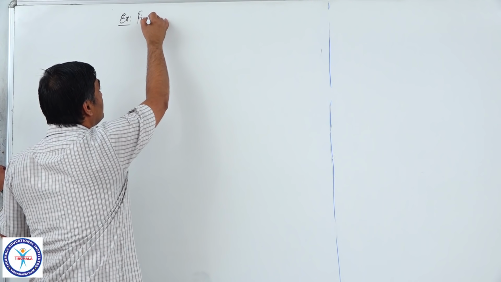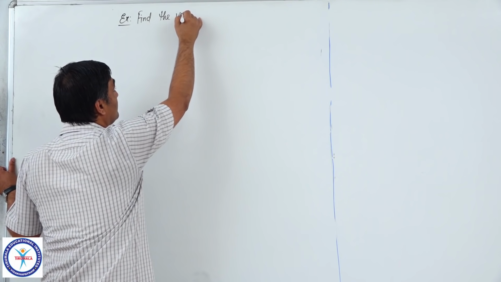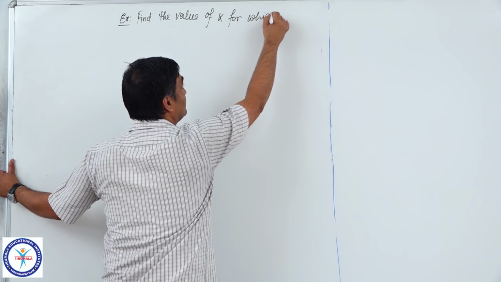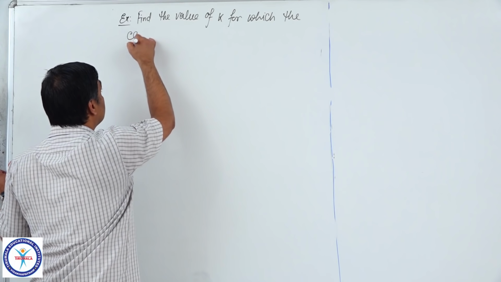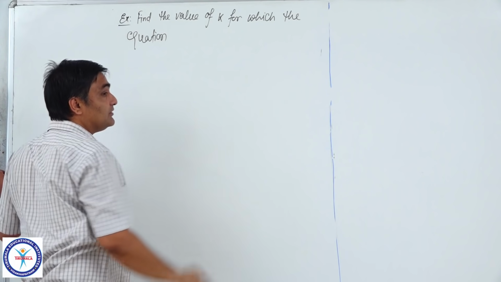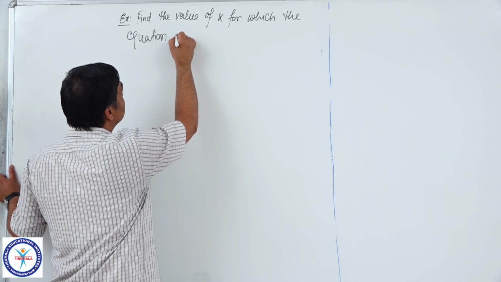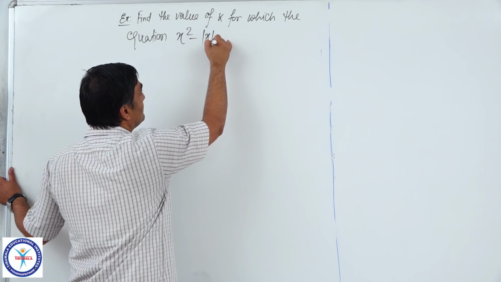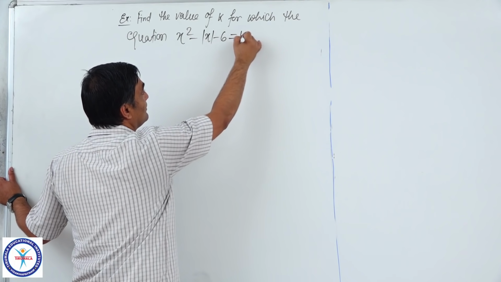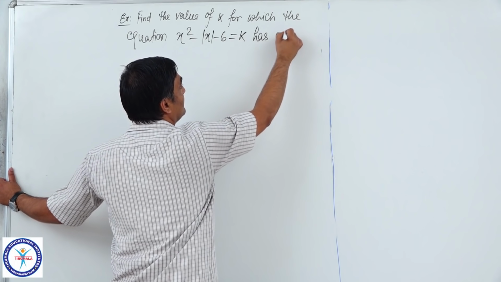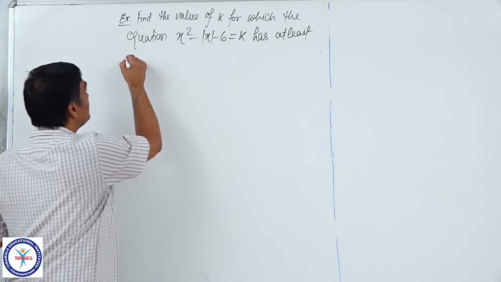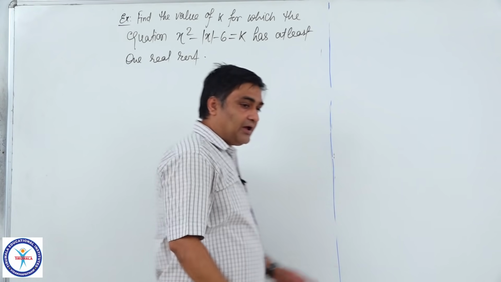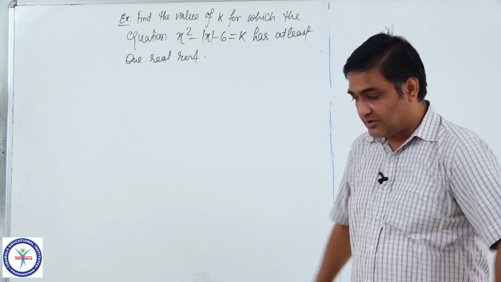Find the value of k for which the equation has at least one real root. At least one real root.